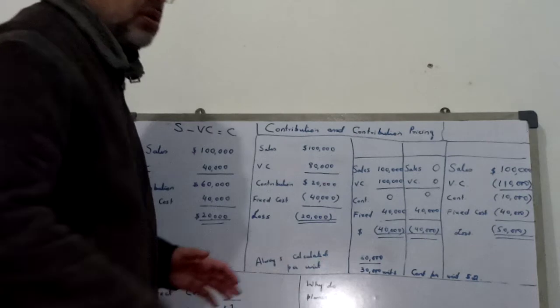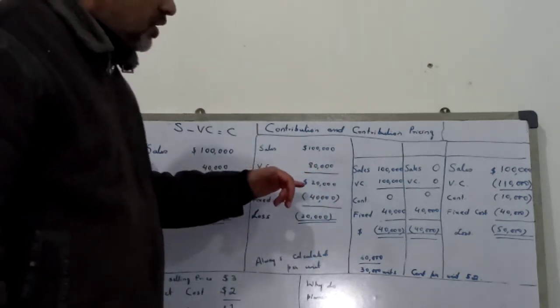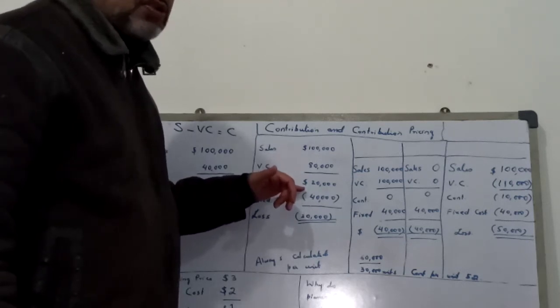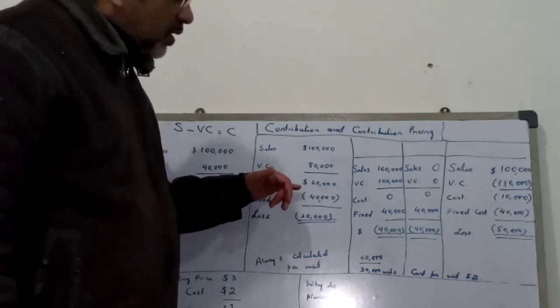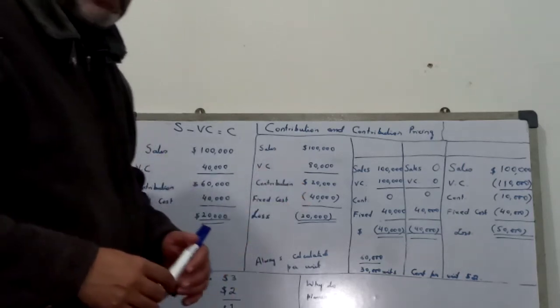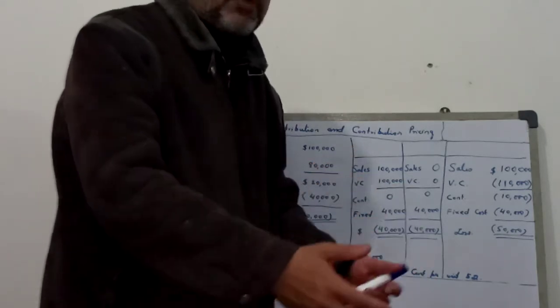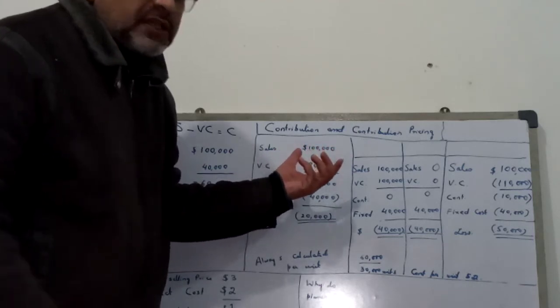Okay? So here is the rule. As long as contribution is positive, you should continue to make the product, because some money is available in order to pay off the fixed cost, at least a part of the fixed cost. Even if we reduce the production to zero, fixed cost is fixed.